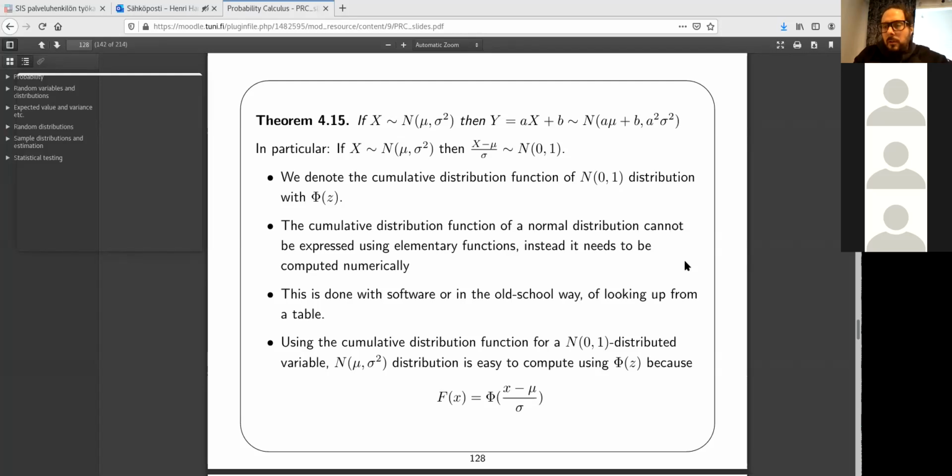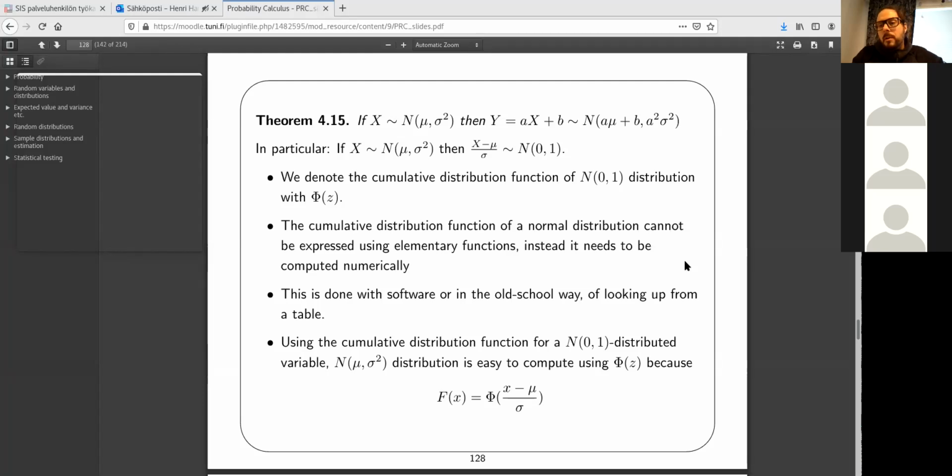And in particular, we can normalize, and this is the reason why normal distributions are so easy to use. If we have the expected value and variance of some normally distributed variable, then we can normalize it into a random variable that follows the normal distribution with exactly 0 expected value and variance of 1.